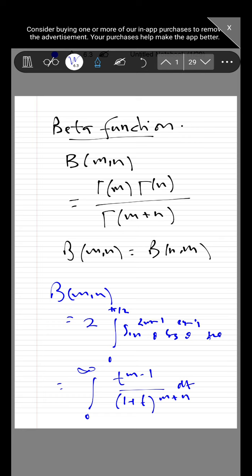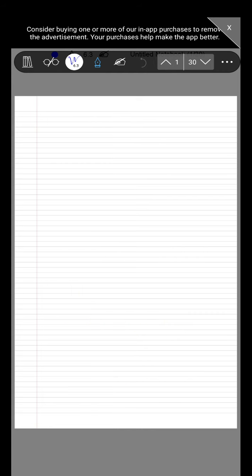Apart from these two functions, we will also discuss some special functions and properties, and in fact these are based upon some differential equations like Hermite.